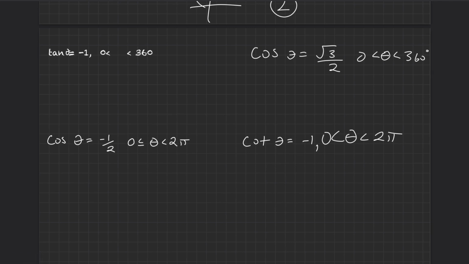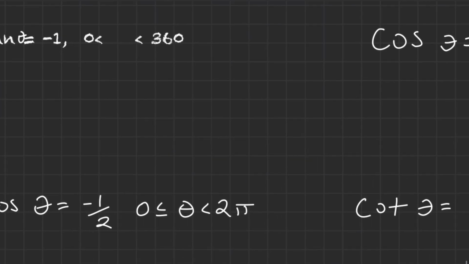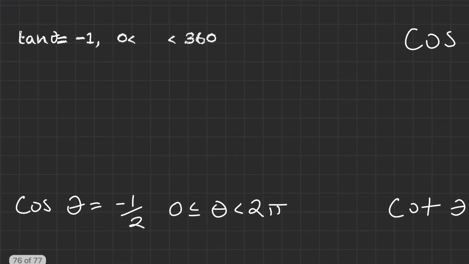Okay, now we gotta find the ratios, so the exact measure of the angles. Okay, so if tangent is equal to -1, for when theta is in between 0 and 360, we know that that could exist in 2 places. So tangent, remember, is sine over cosine.